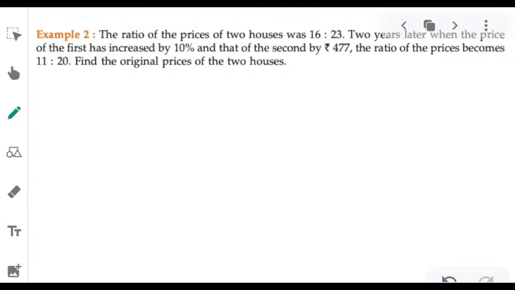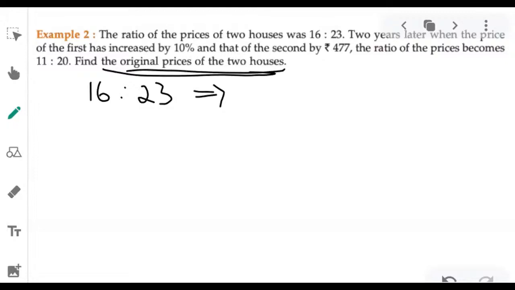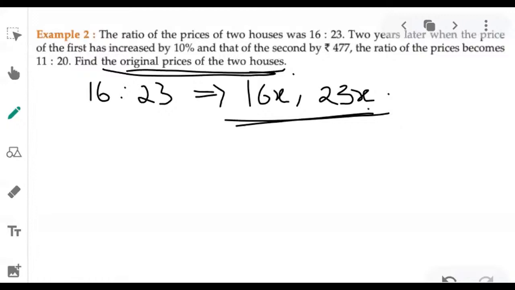First things first, the ratio of prices of two houses is 16:23. So to find out what the original prices of the two houses are, what should we take? We should take an unknown x. So there will be 16x and 23x. So go forward from this.